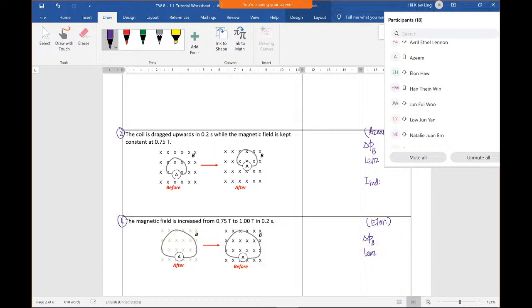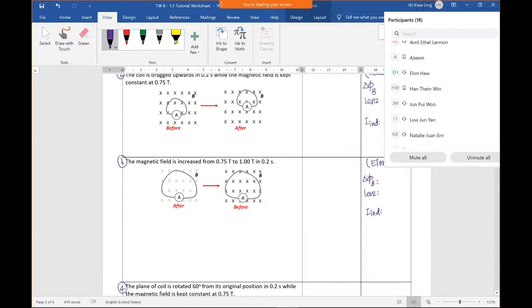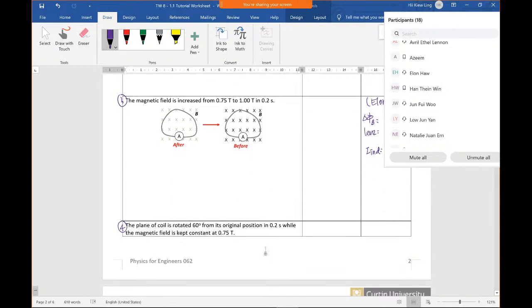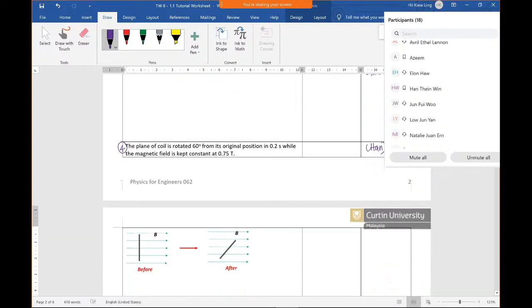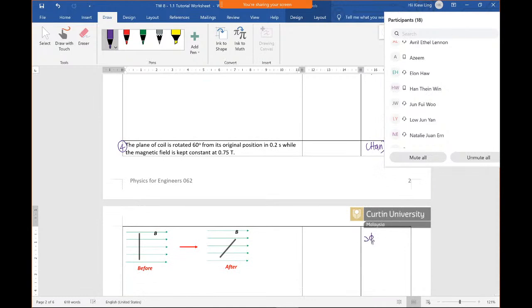Use the 3 steps that you have done before to determine the direction of the induced current. Question 4, Han, you tell me what is the direction of induced current in question 4.